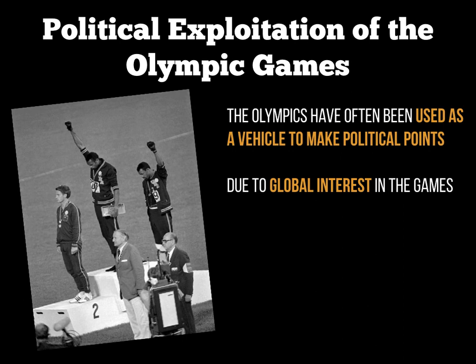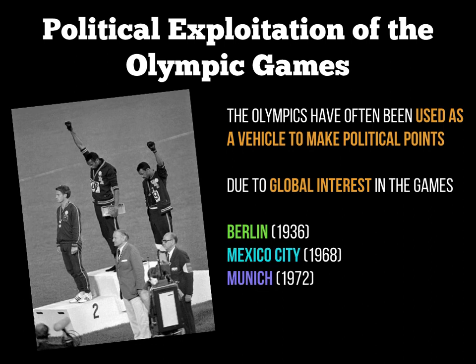And the games that did this really, really effectively, in terms of what happened in those games, are the 5 games as follows: Berlin in 1936, Mexico City in 1968, Munich in 1972, Moscow in 1980, and Los Angeles in 1984.